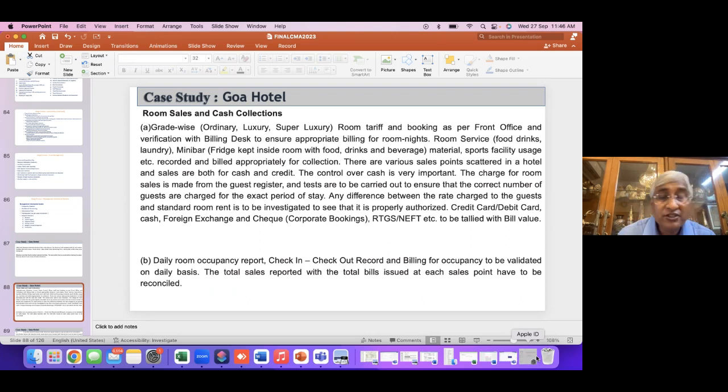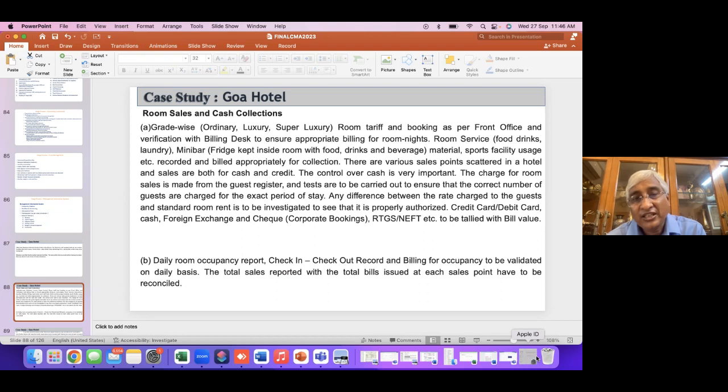Before leaving, they have to ensure that everything is billed. Credit card or debit card, cash, foreign exchange, check, RTGS, etc. are to be tallied with the bill value, because before leaving they have to ensure that all services are billed and the money paid by the tourists via credit card, debit card, cash or foreign exchange, or for corporate booking, since it's a CMA club, maybe there's a corporate booking.